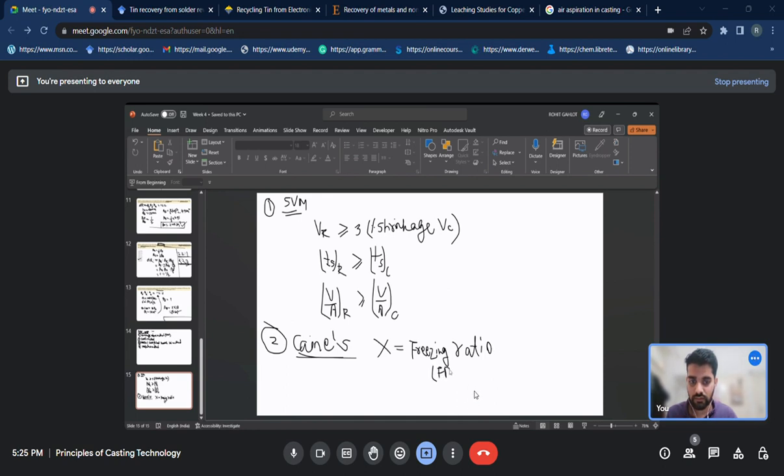In short, FR. He defined it as the ratio of the V by A of the riser to the V by A of the casting.